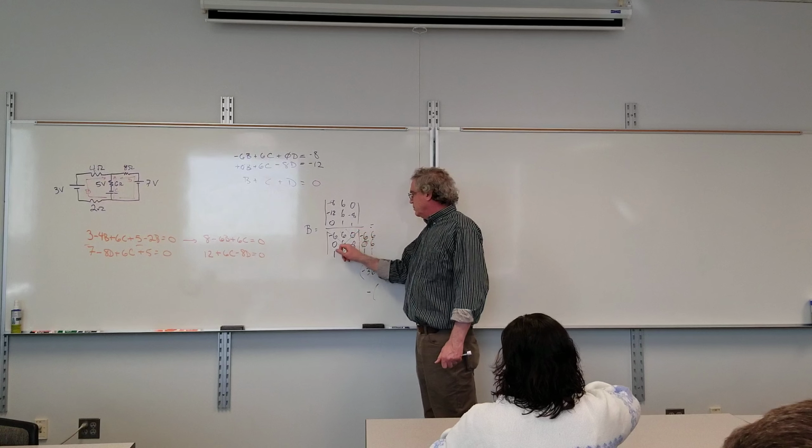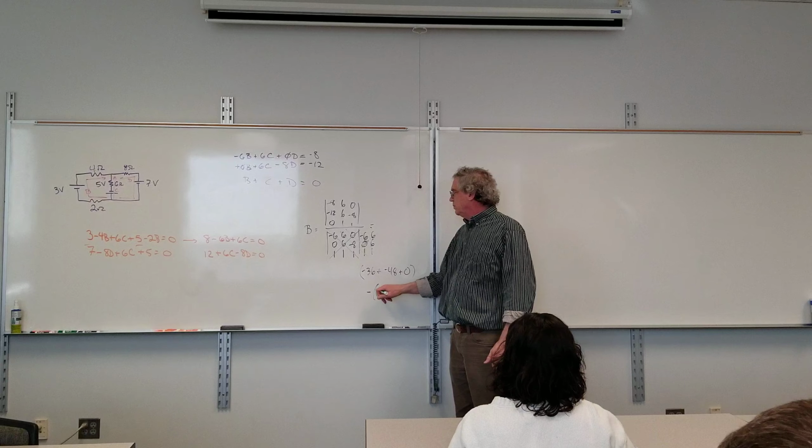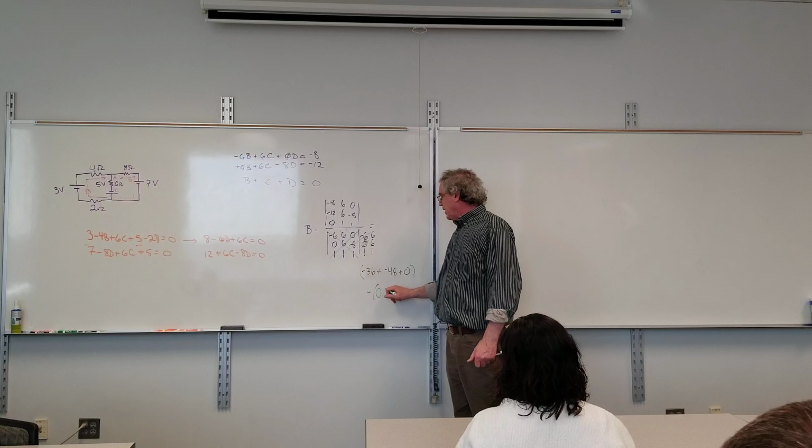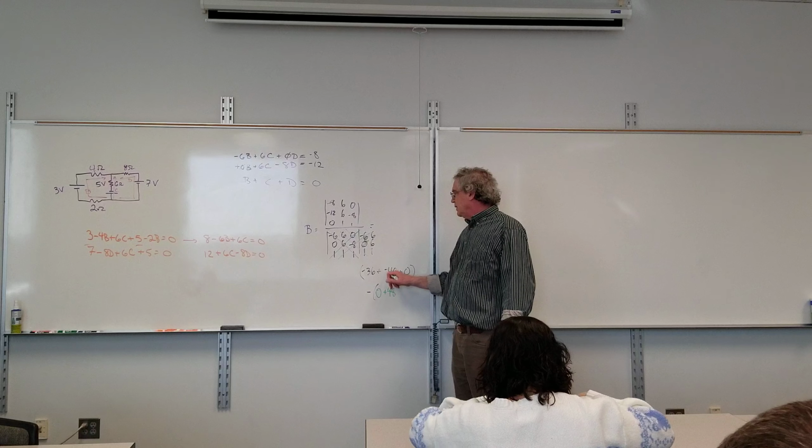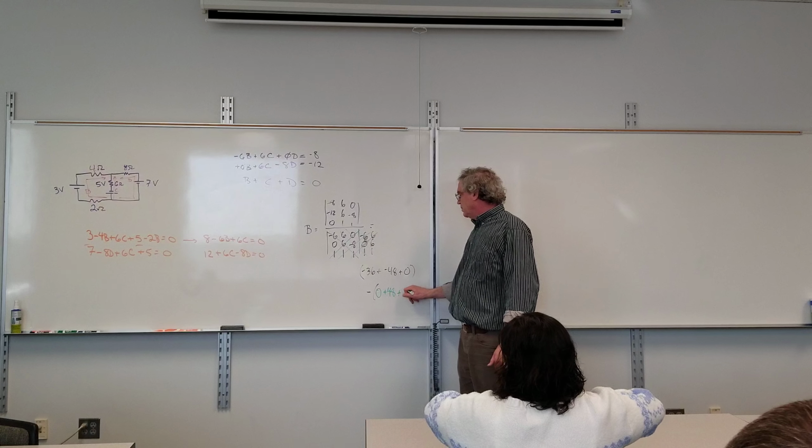Going the other direction, 0 times 6 times 1 is 0. Negative 6 times negative 8 times 1 is positive 48. And then 6 times 0 times 1 is 0.